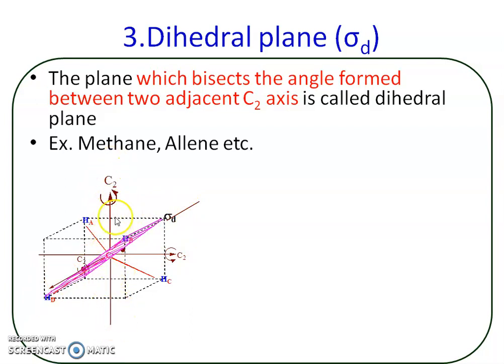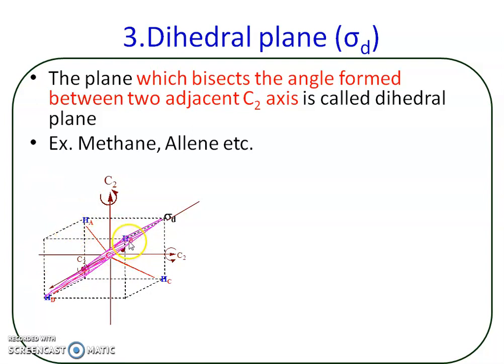This is the C2 axis oriented along the Z axis, and this is another C2 axis oriented along the X axis. This plane bisects these two C2 axes, passing exactly at the center of the two. At the same time, this plane bisects the molecule into two halves.